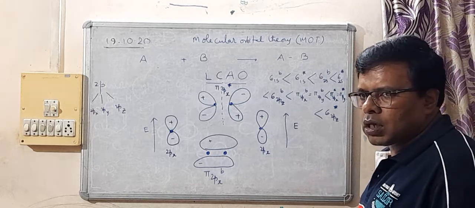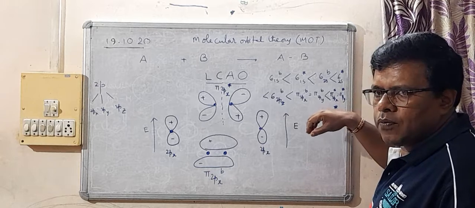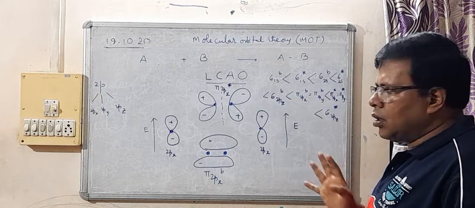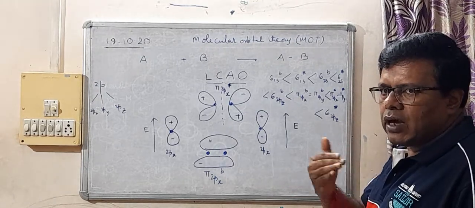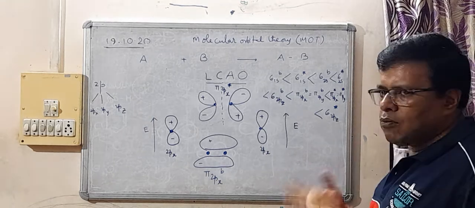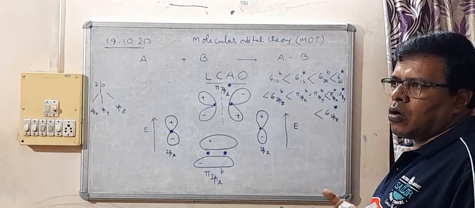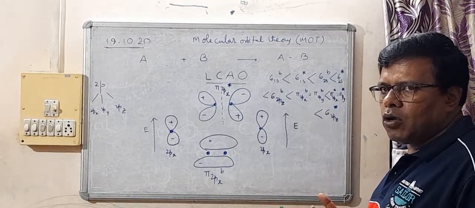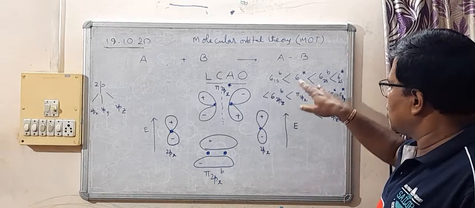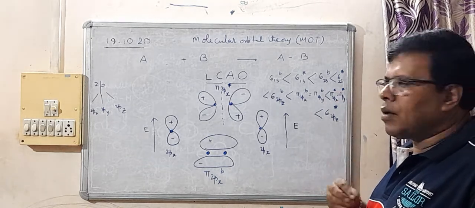In molecules of a substance, we have these molecular orbitals, and electrons are present in these molecular orbitals. Just like in an atom, we have atomic orbitals and electrons are present in atomic orbitals, but in a molecule, say H2 molecule or O2 molecule or HCl molecule, for that matter any molecule, we have molecular orbitals, and electrons are present in these.